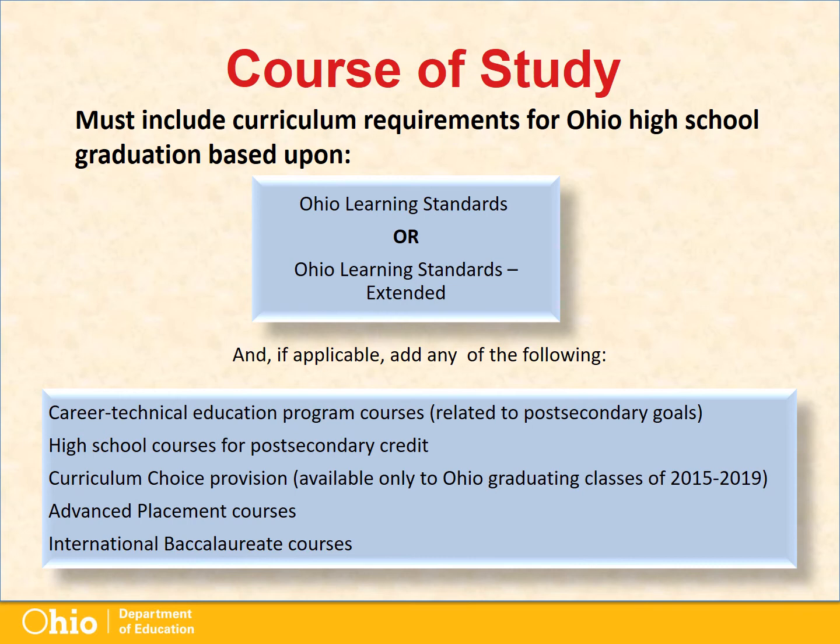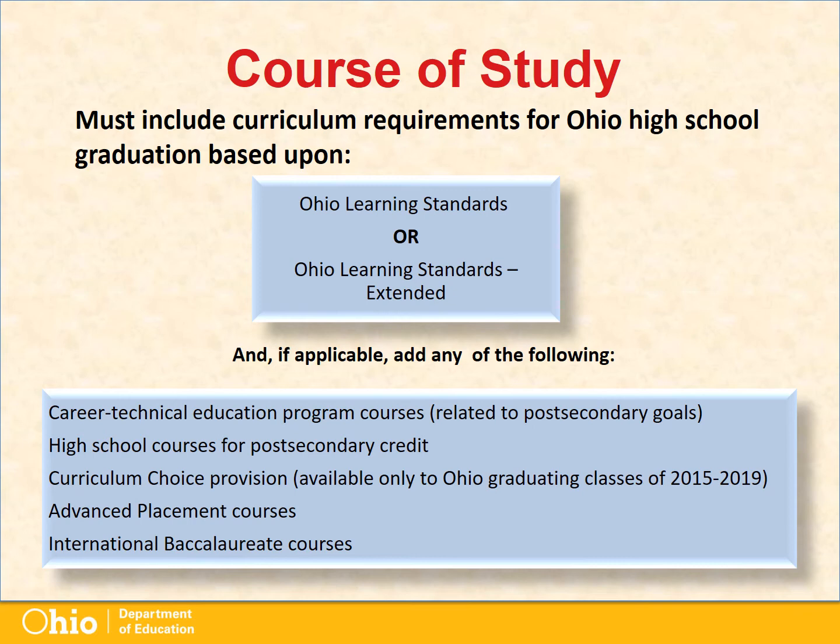Extended. Additionally, depending on the individual student's preferences, interests, needs, and strengths, the course of study could also include any of the following: career technical education program courses related to post-secondary goals, high school courses for post-secondary credit, curriculum choice provision.